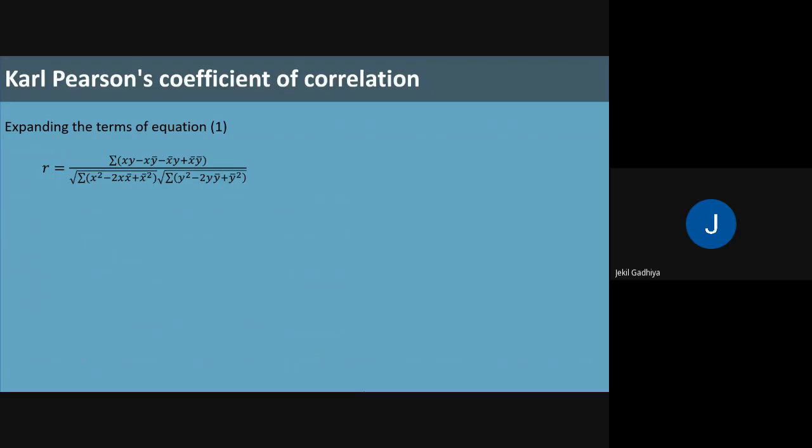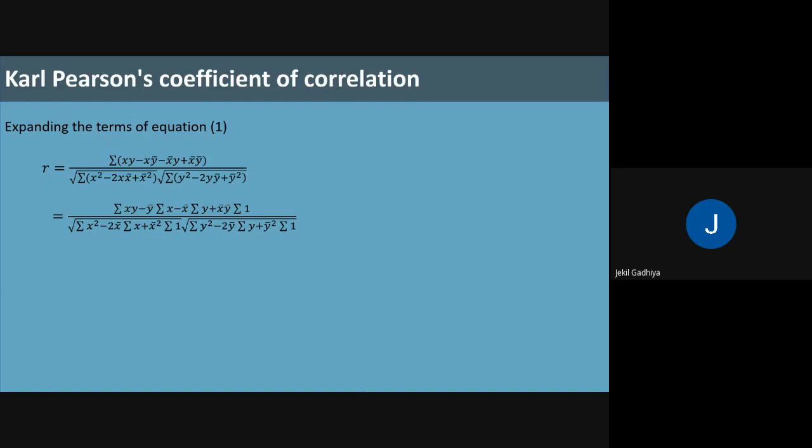Now apply summation on each and every term. Summation of xy minus y bar summation of x minus x bar summation of y plus x bar y bar summation of 1, over the square root of summation of x square minus 2x bar summation of x plus x bar whole square summation of 1, times the square root of summation of y square minus 2y bar summation of y plus y bar whole square summation of 1.